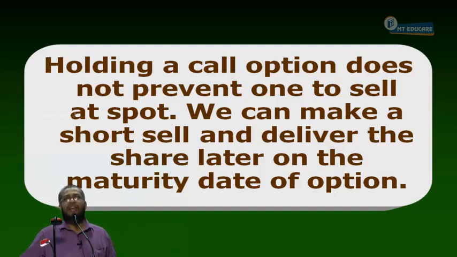We can make a short sell and deliver the share later on the maturity date of the option. Everybody understood or not? Finish writing? Next, point number 3 or 4?